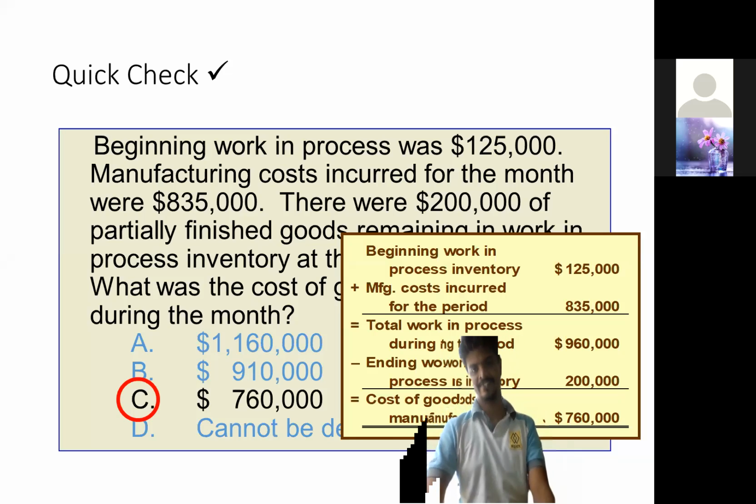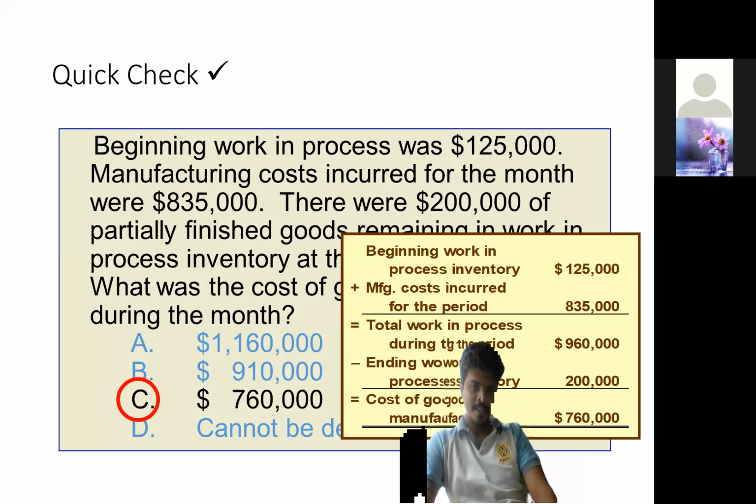Yes. Most of you telling A, that means you have not done it correctly. No, let's see. Why did you say A? Answer A is 1160. Here what happened? Let's see. Beginning work in progress inventory 125. Then manufacturing cost during the month 835.